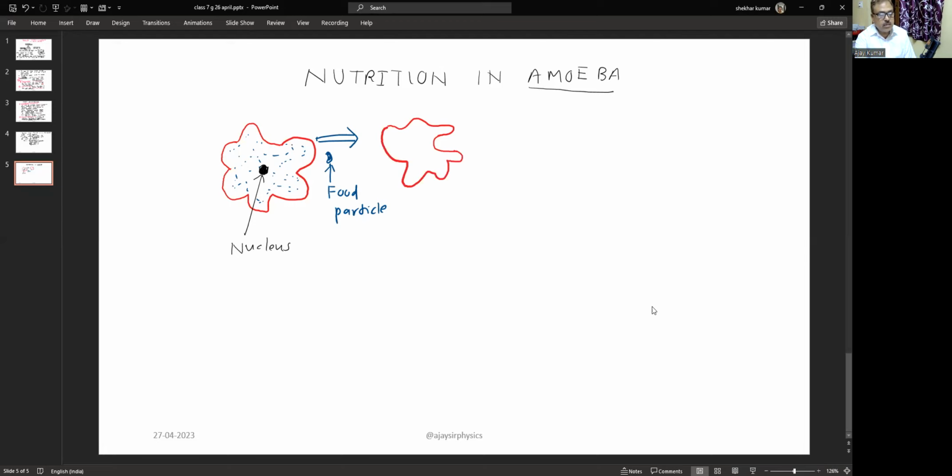Yes, we have drawn the shape of amoeba, and we once again show the nucleus here inside the amoeba. You will also see here food particles.